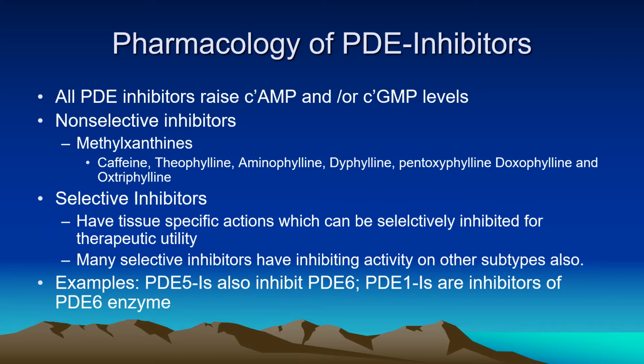In a similar token, PDE1 inhibitors are also inhibitors of PDE6 enzyme. In fact, when we take an example of sildenafil, a number of the subtypes are inhibited apart from its specific action on the PDE5. Therefore, selective inhibition is relative.